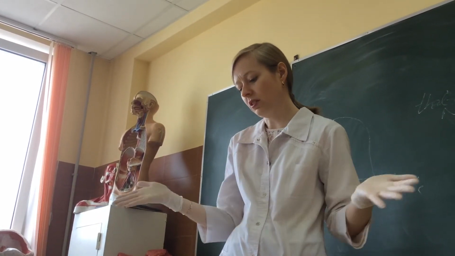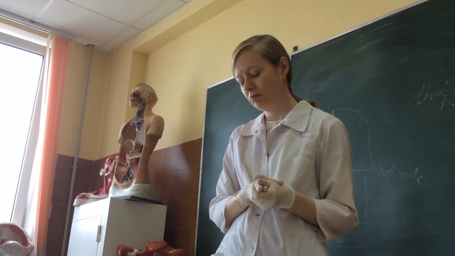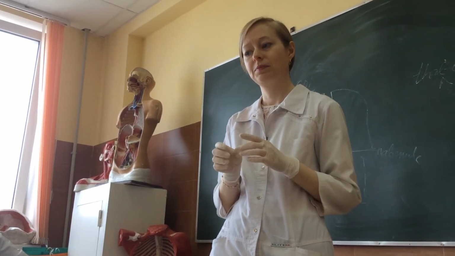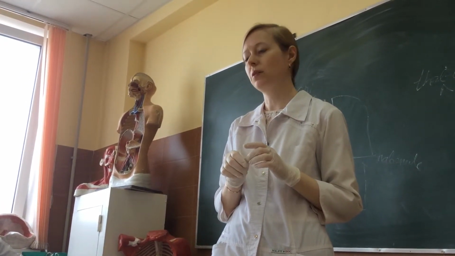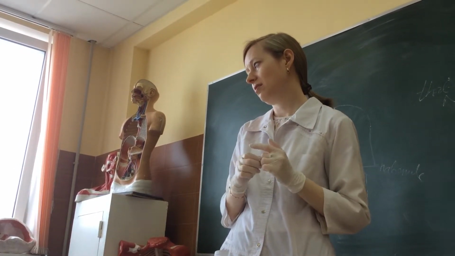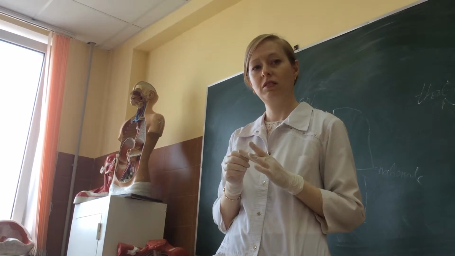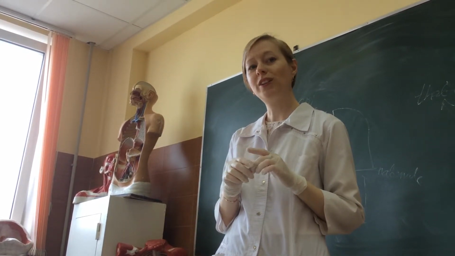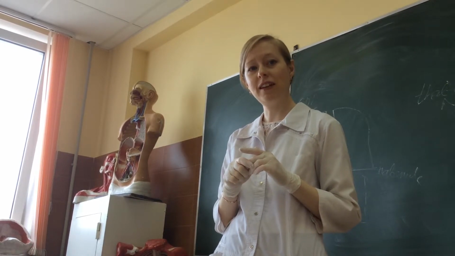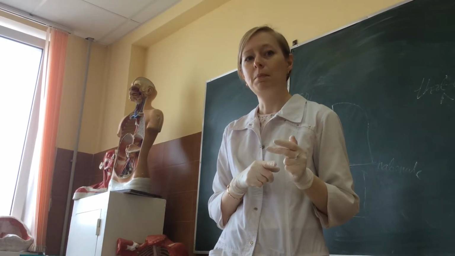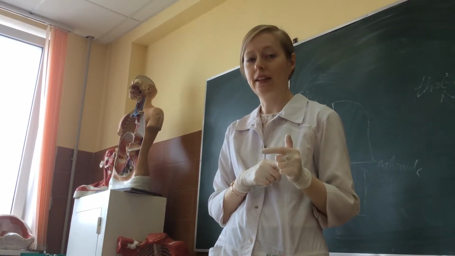And what else? I think that's all. What questions do you have? Oh, is the thalamus divided into four or three? No, the diencephalon divides into ventral and dorsal. Dorsal consists of thalamus, metathalamus, epithalamus.